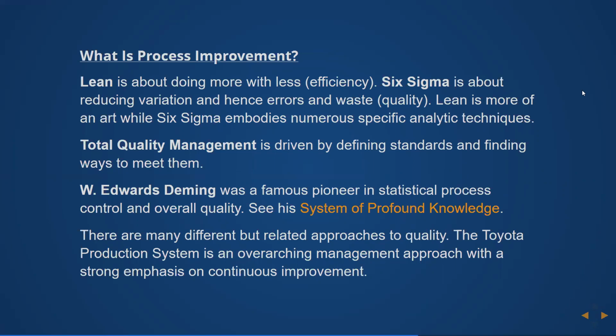Lean is about redoing things, rearranging things to do more with less. So Six Sigma is about quality, Lean is more about efficiency. Six Sigma is also more of a science with a lot of specific numerical and analytical procedures and techniques, and Lean is more of an art.